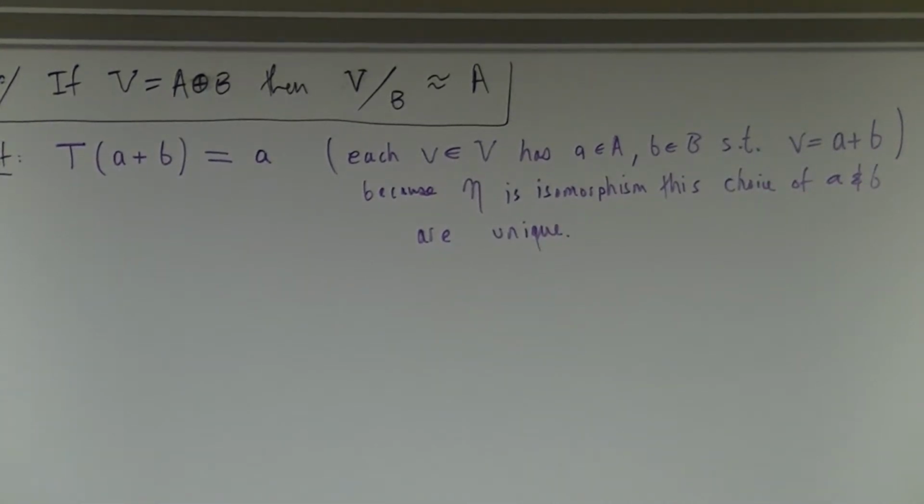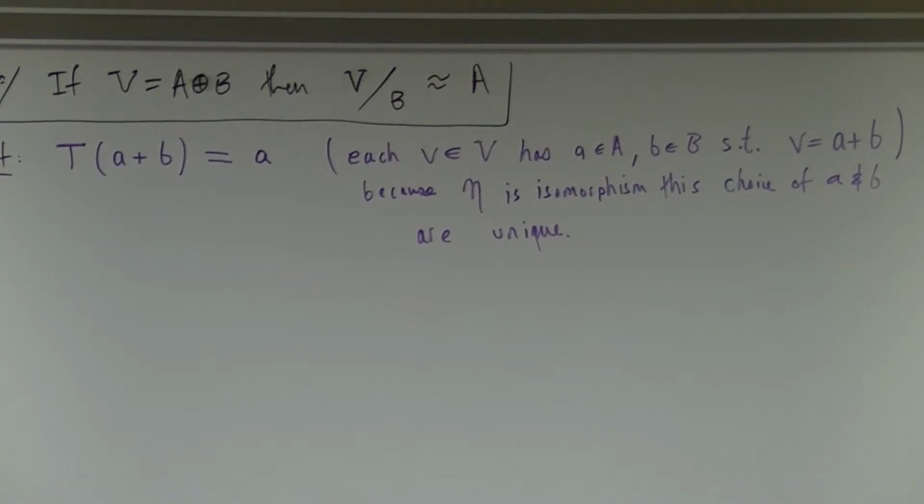So what I'm trying to tell you is my mapping is well defined. A generic point in A direct sum B I can take as being a plus b, where there is a unique a and a unique b such that I get a plus b. There's only one a plus b in the direct sum. There's no other way to get to it.